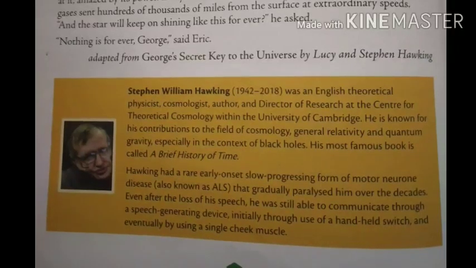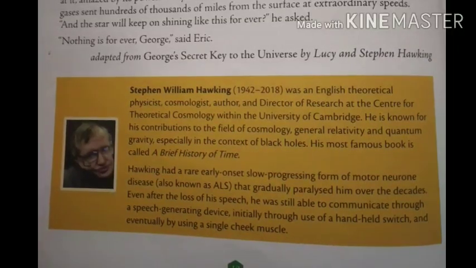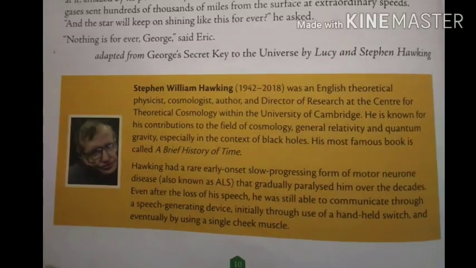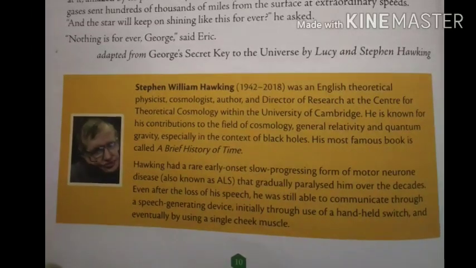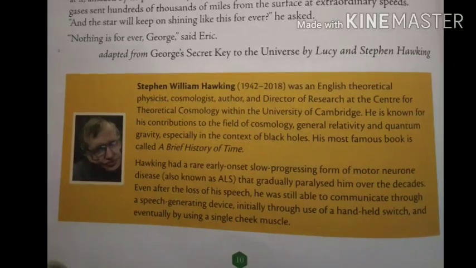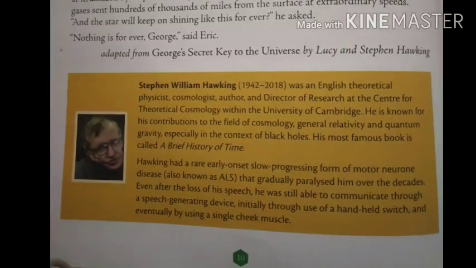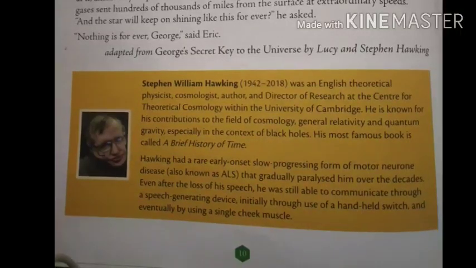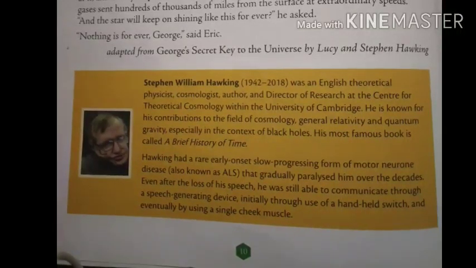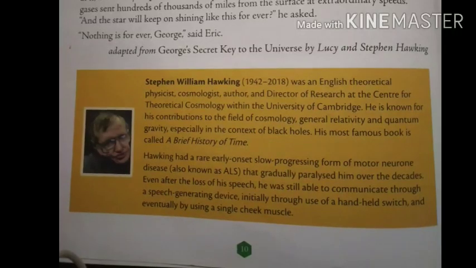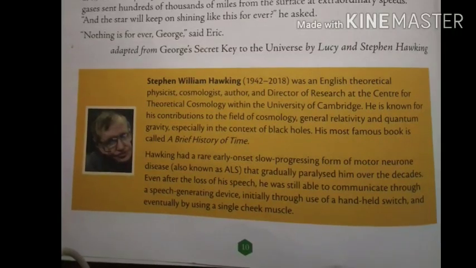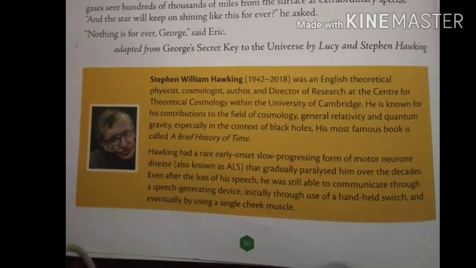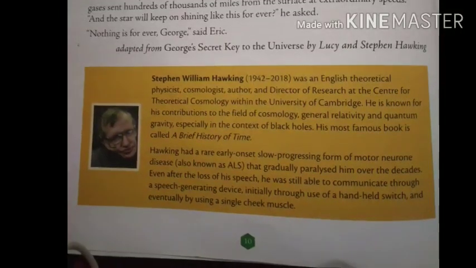Hawking had a rare early-onset, slow-progression form of motor neuron disease, also known as ALS, that gradually paralyzed him over the decades. Even after the loss of his speech, he was still able to communicate through a speech-generating device, initially through use of a handheld switch and eventually by using a single cheek muscle.